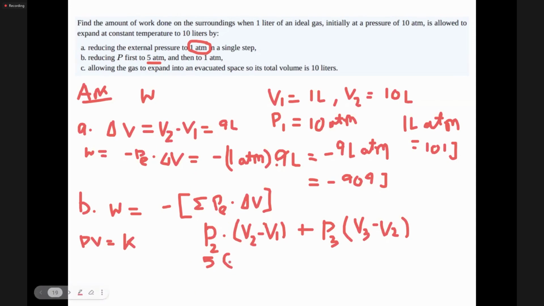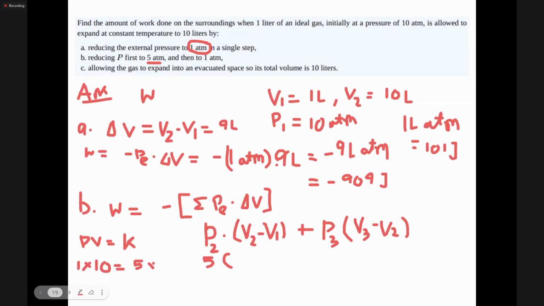Firstly, we have the final volume of the gas, and we have the initial volume of the gas. Initial volume of the gas, 1 liter was there. And we had a pressure P1 of 10 atmosphere. Now we have a P2, or the final gas pressure, as 5 atmosphere.